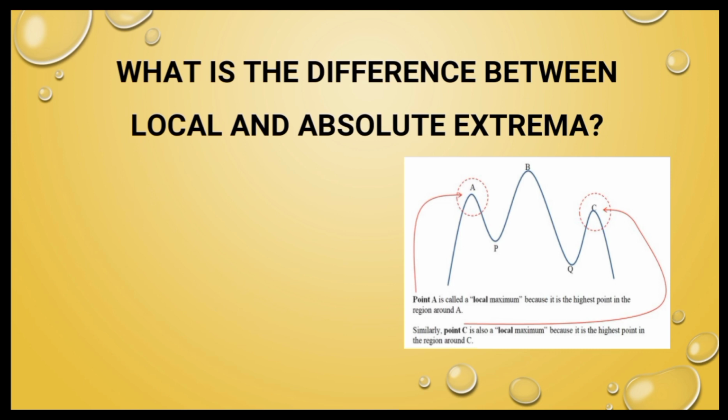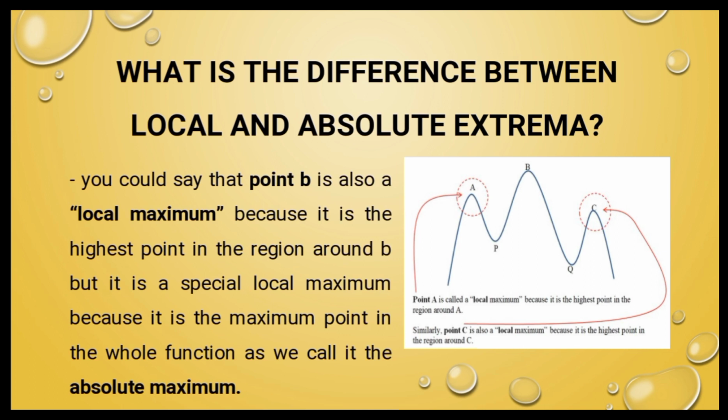What is the difference between local and absolute extrema? You could say that point B is a local maximum because it is the highest point in the region around B, but it is a special local maximum because it is the maximum point in the whole function, so we call it the absolute maximum.